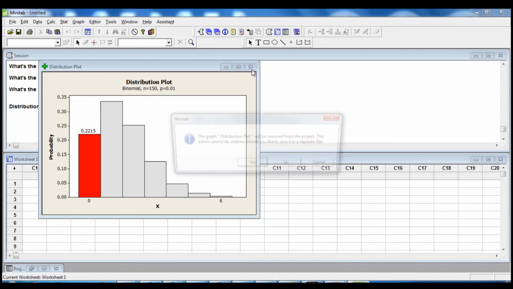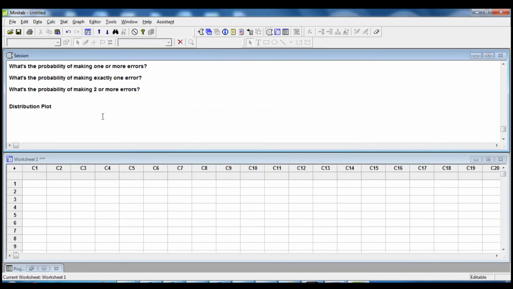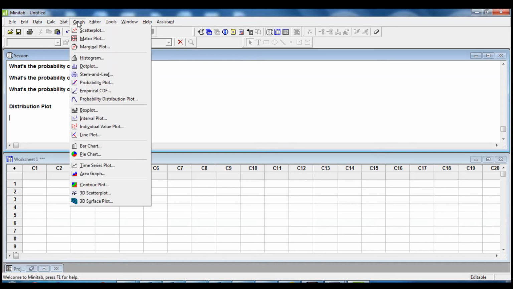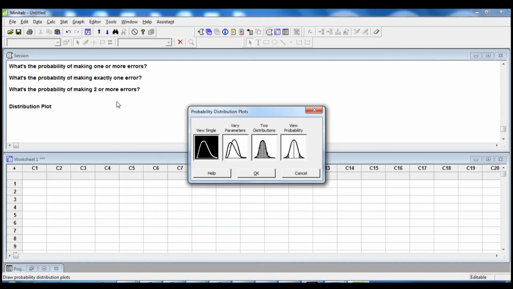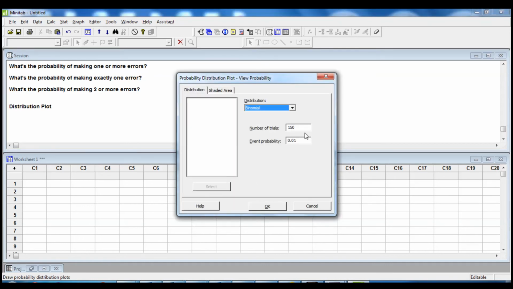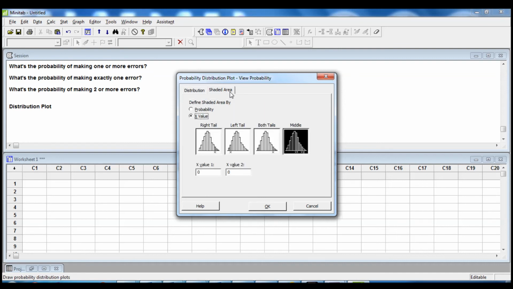Now let's go to the second part of the problem. We want to know what's the probability of making one or more errors. So again, we're going to Graph, Probability Distribution, View Probability. We click OK. So the values are still there from the previous exercise. So we go into Shaded Area.